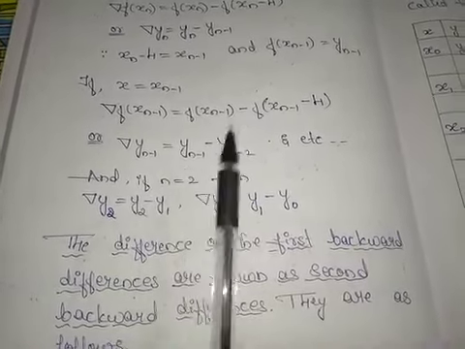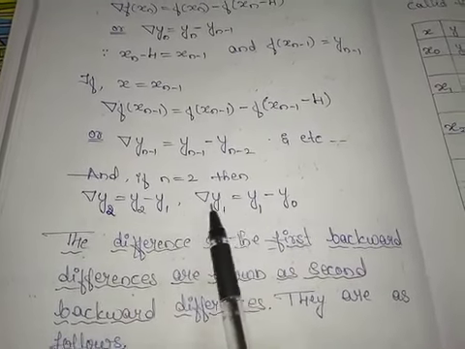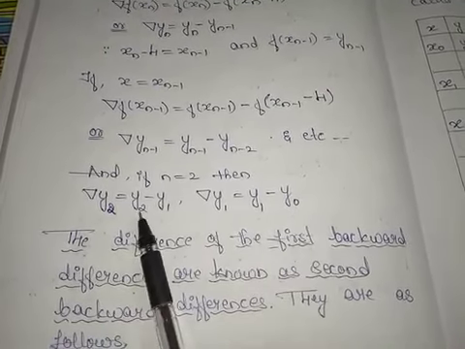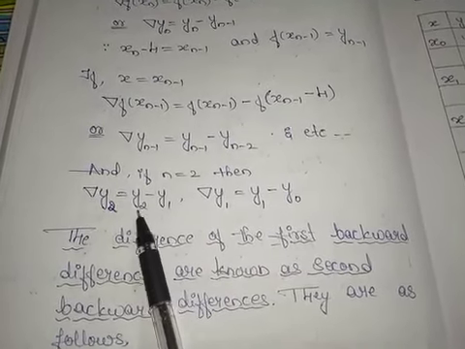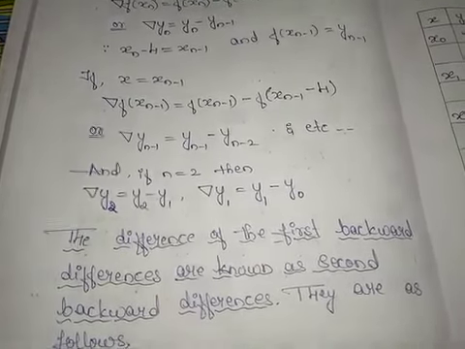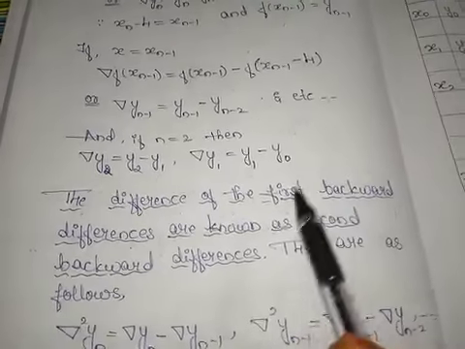If n is equal to 2, for example, these values will be del y2 is equal to y2 minus y1 and del y1 is equal to y1 minus y0. Here also we have to take the difference of succeeding value minus preceding value. I think you know what is preceding value and what is succeeding value.